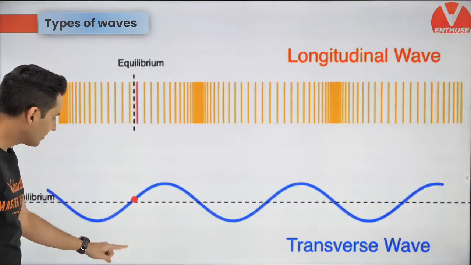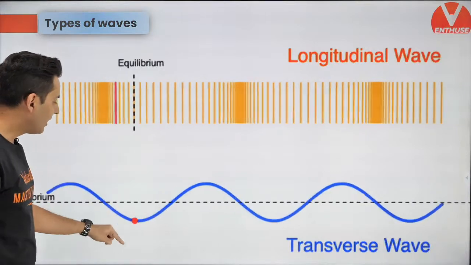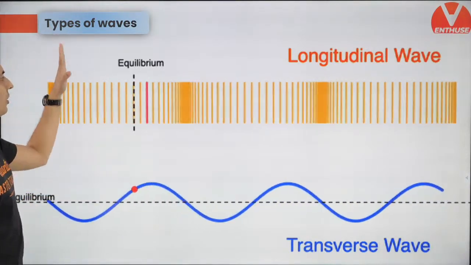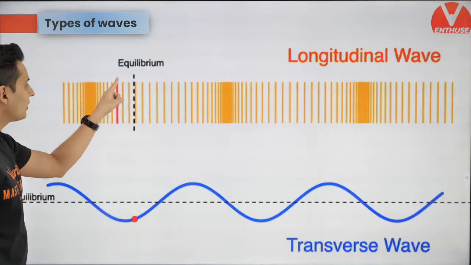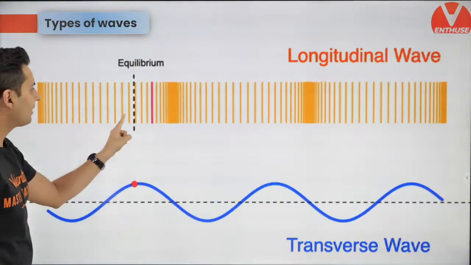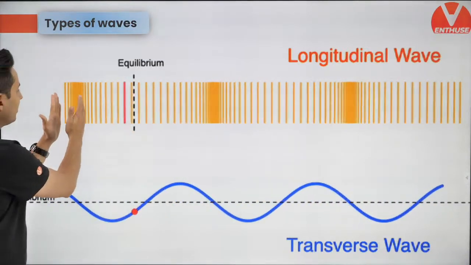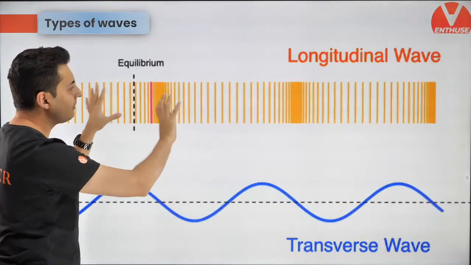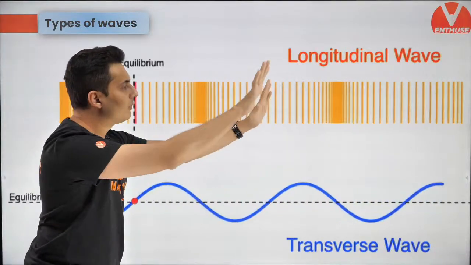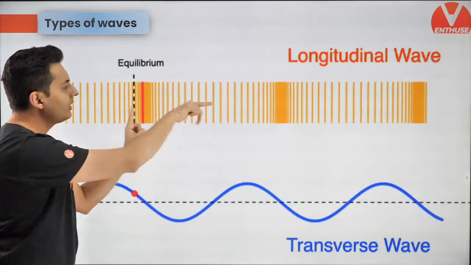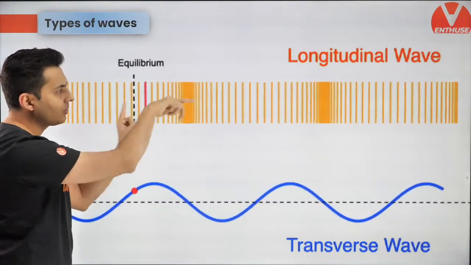And you can see that this particle is doing SHM, a simple harmonic motion kind of a thing. Whereas in longitudinal wave, look at this red particle out there. That particle is going left and right, and you can see compressions and rarefaction, compressed regions and rarefied or vacuum-like regions going from one side to the other. So the motion of the particle is along the direction of the propagation of the wave.